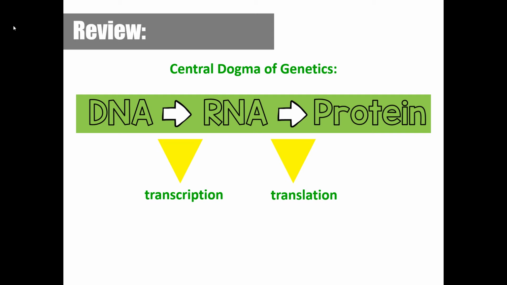Translation is the process of tRNA, the transfer RNA. Those are like little taxis that pick up and drop off amino acids. The tRNA is going to read the mRNA, those instructions, and build amino acids that are going to link together to ultimately form a protein. Okay, so that's how protein synthesis works.